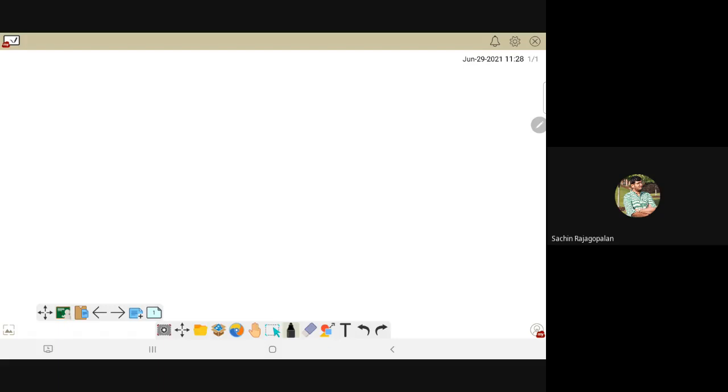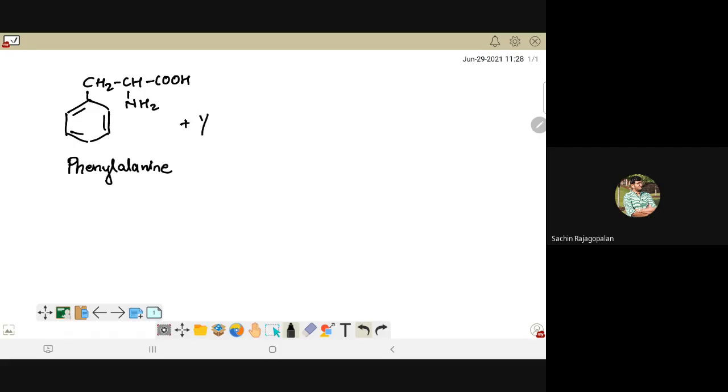In case of phenylalanine, this is the structure of phenylalanine: CH2, CH, COOH, this is NH2. So this is my phenylalanine. In presence of oxygen, there's going to be a flavoprotein involved like FAD, which is going to be the acceptor of hydrogen.